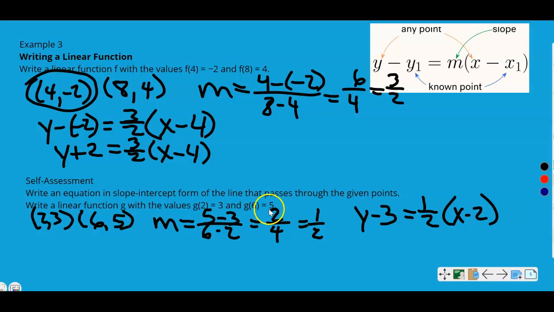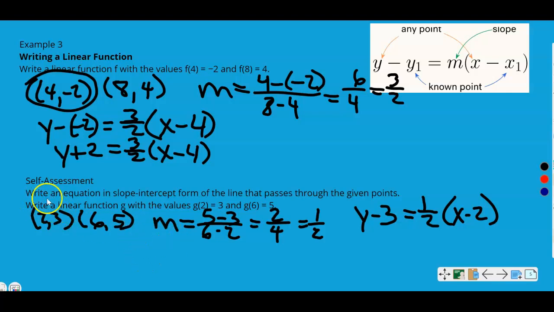And g of 6 equals 5, x would be 6, y would be 5, so 6, 5 is your second point. Take your 2 points, find your slope, and then write it in point-slope form. I used the first point. If you use the second point, you would have y minus 5 equals 1/2 times x minus 6. Either one of those would be correct.